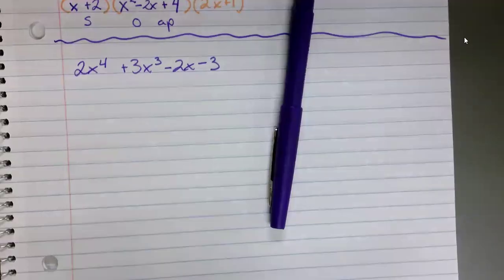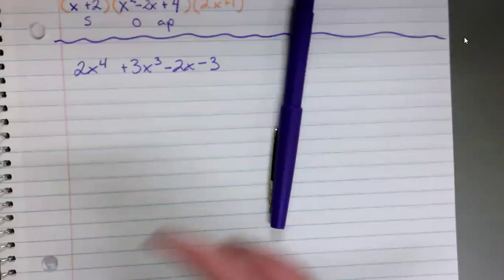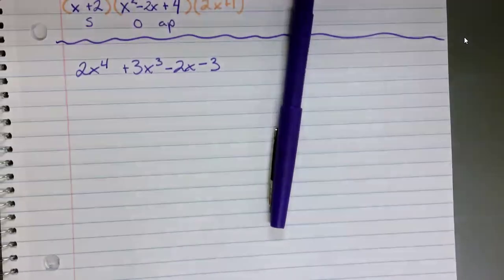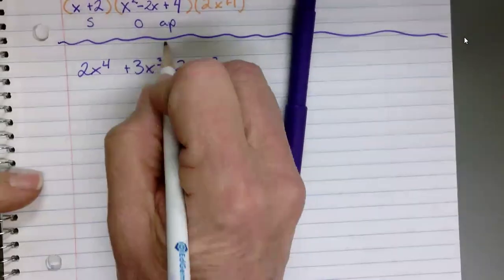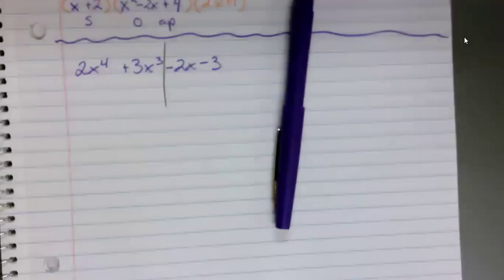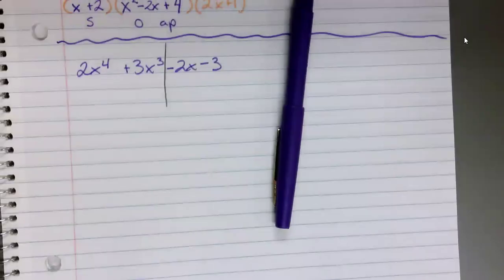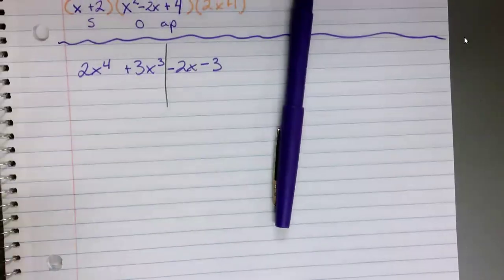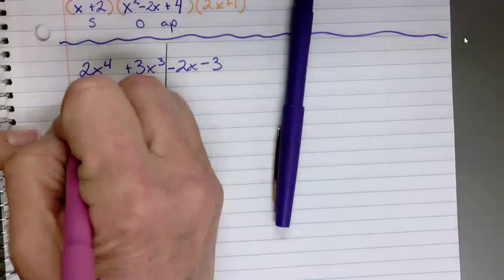We cannot because we've got 2's and 3's, and then there's no variable on the constant. So we've got 4 terms, so we're going to try to factor by grouping. So I'm going to separate it down the middle again. Looking at that first half, is there anything I can take out? Sure, I can take out an x cubed again.